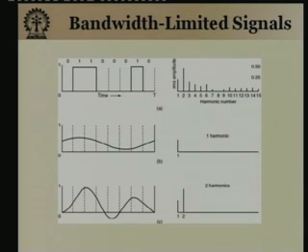This inherent capacity of the medium is intimately linked with the kind of signal a particular channel can carry. For example, on the left hand side you see some digital signal, and just on its right there are some bar graphs.